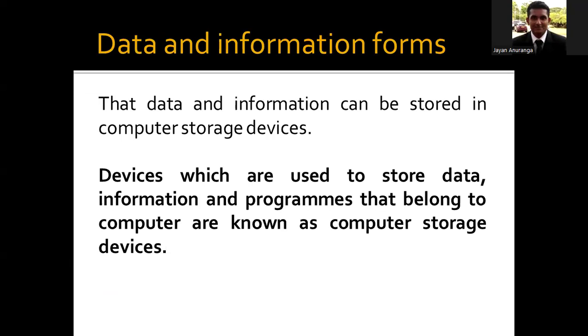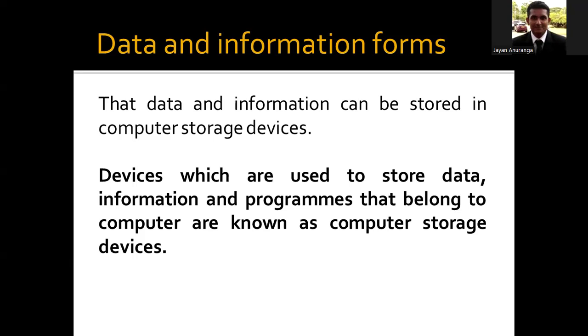Then the second matter, where those items, those forms are stored in the computer. Then where is data and information stored in the computer? Those are stored in computer storage devices. That can be a computer hard disk, phone memory, pen drive, CD, DVD, Blu-ray disc, memory chip, floppy disks.